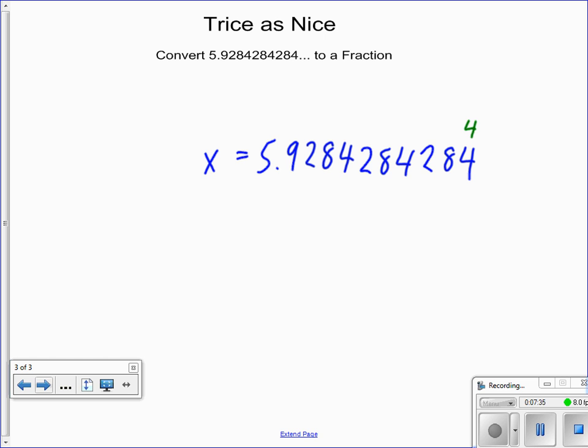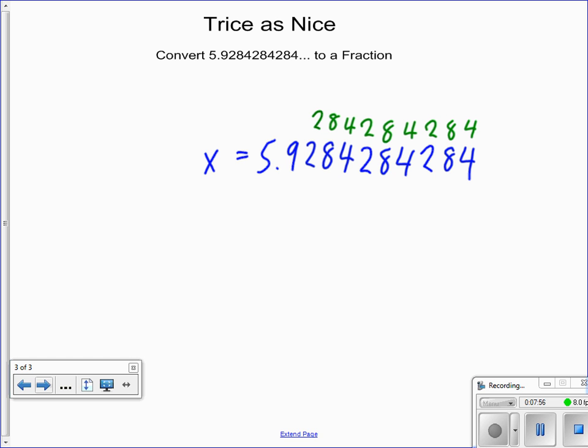I picked this problem off the top of my head. I don't know if it'll work. We'll try here. You might not be able to make this into a fraction actually. I don't know. This is what we want to do. We want to be able to cancel out all of these numbers here.